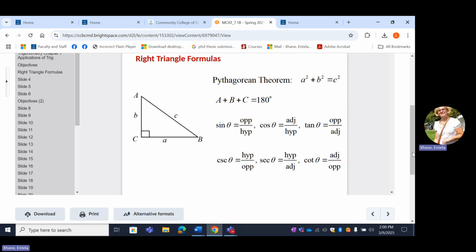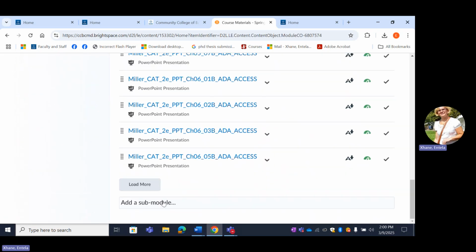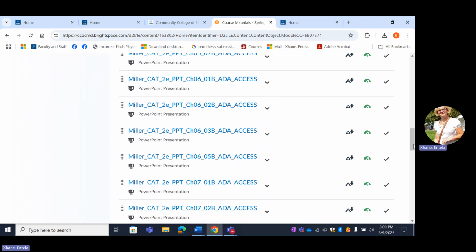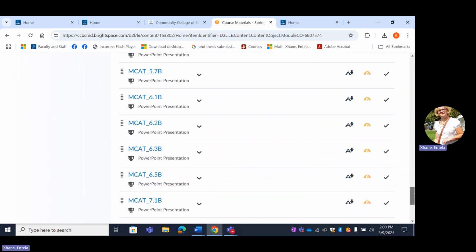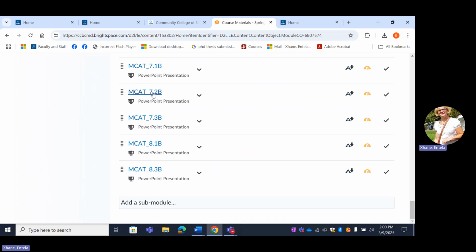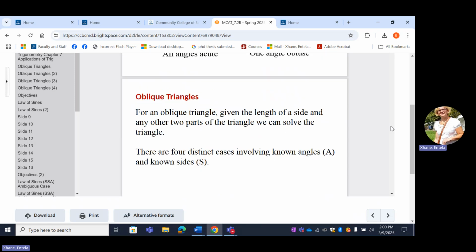Now, if the triangles are oblique, you have to rely on section 7.1 and 7.2. So I'm going to go back to sections 7.1 and 7.2 and give you the information right there. If I click on section 7.2, this is the famous law of sine.